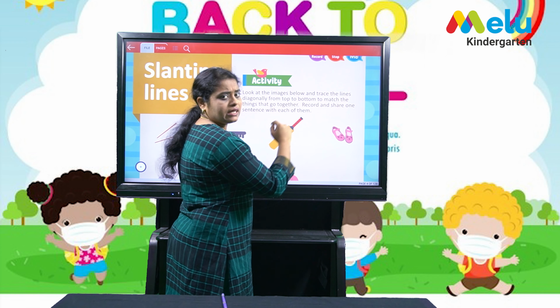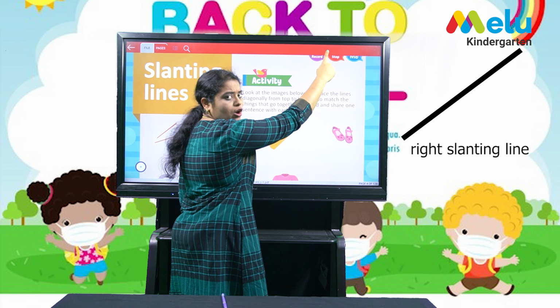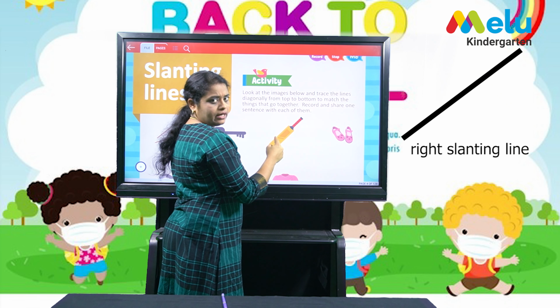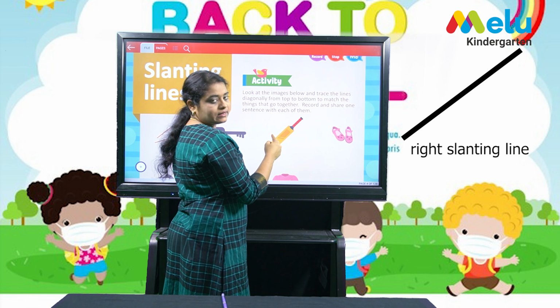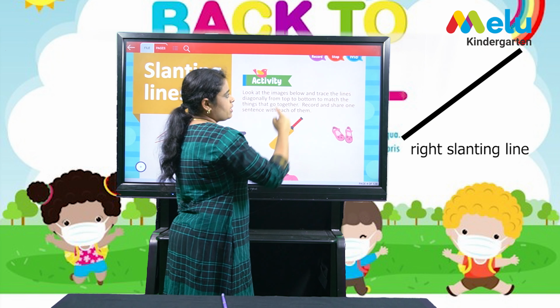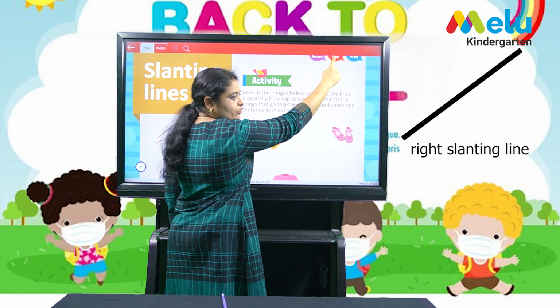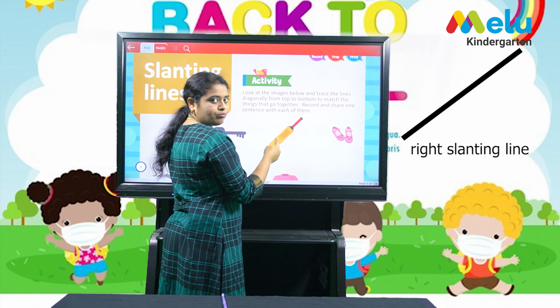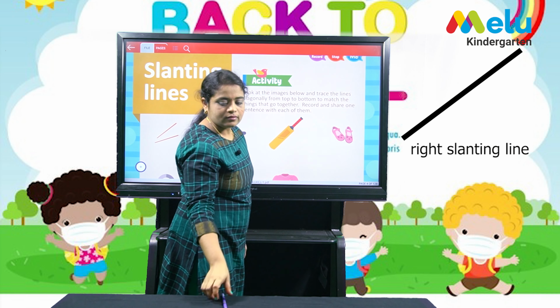If I draw a slanting line from right top and take it down to the left bottom, it is called a right slanting line. Yes children, so start at the right hand top and come down to the left hand side bottom, it is a right slanting line.